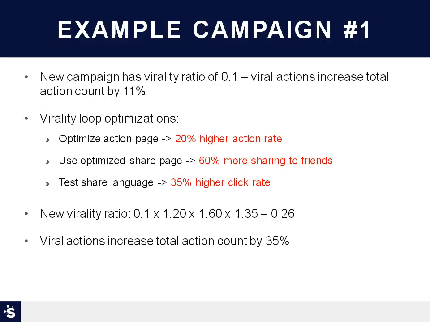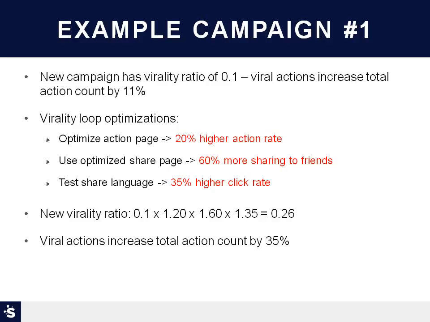So next we look at that invite step, where we're asking people or getting people to tell their friends about it. If you again use good practices about how you set up a follow-up share page for that petition, where you're actually asking people to post on Facebook and post on Twitter and to email their friends, you can actually get a lot more people to share than if you don't have that.